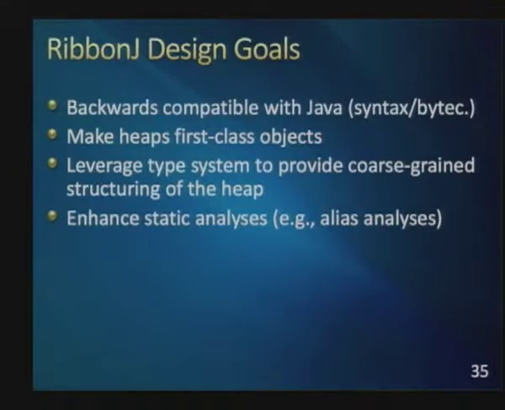And we also want to be able to provide enough structure to enhance static analyses, for example, alias analyses: given this particular object and these two threads, which variables could actually point to the same object in the heap. Are they alias to each other?